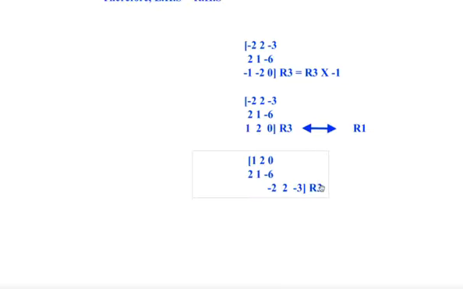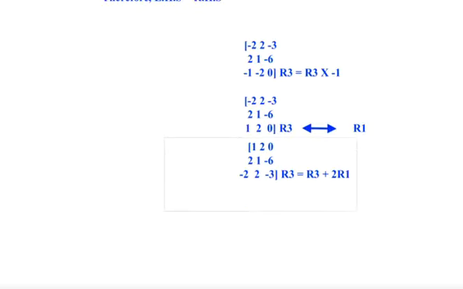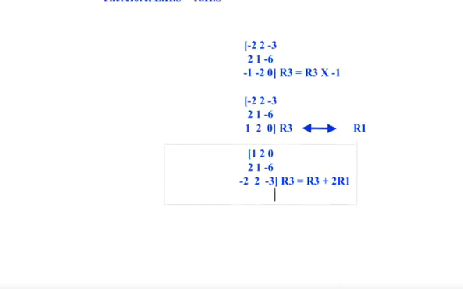Now there are two things we will do. R3 equal to R3 plus 2R1. Similarly, we'll do one more operation on R2 also.